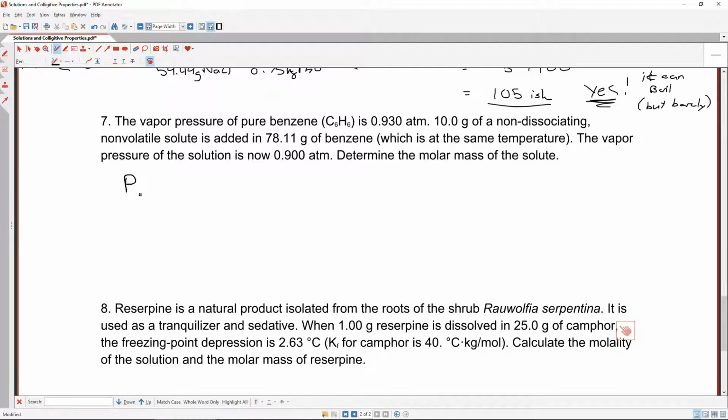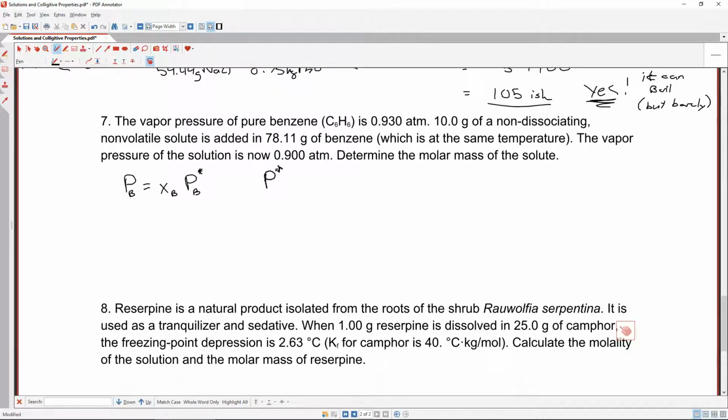So the new vapor pressure is equal to the mole fraction. So the vapor pressure of benzene is equal to the mole fraction of benzene times the pure component partial pressure of benzene, right? So this P star, you'll see it notated a couple of ways, right?